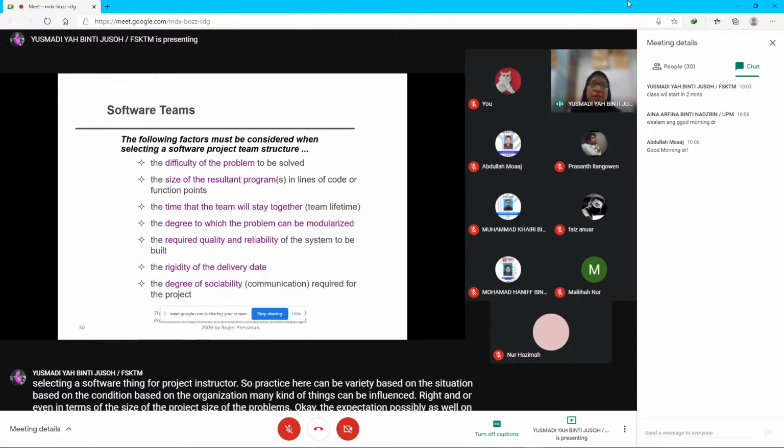These factors will influence how you want to organize and establish your team structure. Team structure here means how many people are involved, who the team members are, because that also will influence, for example, the expertise. A very simple example is the programmer.